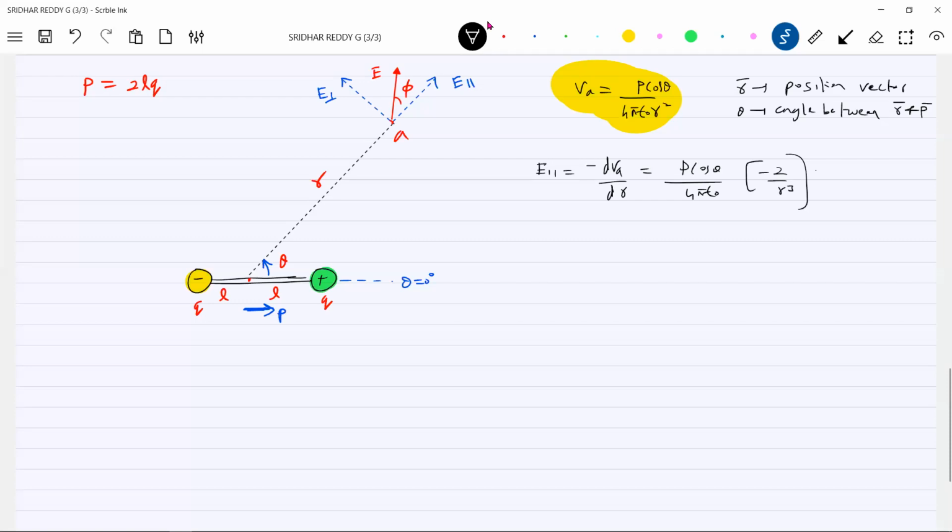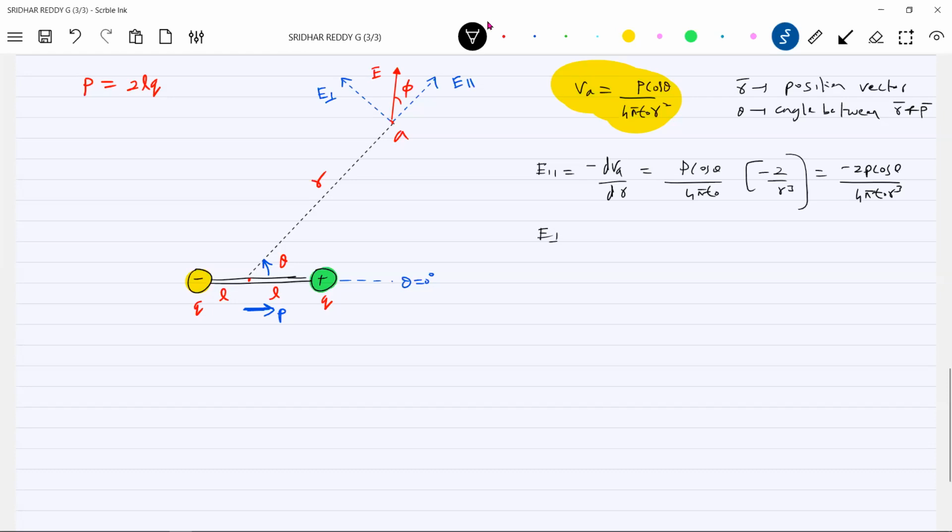So this will become minus 2P cos theta by 4 pi epsilon naught R cube. This will be the component of electric field directed along the position vector. In the books, they call this a radial electric field. Let me directly call it only E parallel.